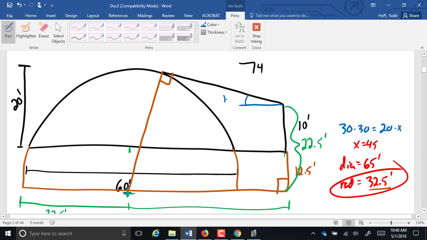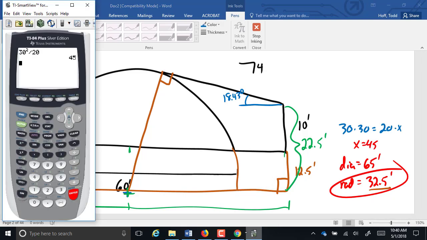Inverse tangent of 4/12 is 18.43 degrees, correct? You sure? What Ryan did was this. He did inverse tangent of 4 divided by 12. That's why you've got to make sure you use your parentheses in there.